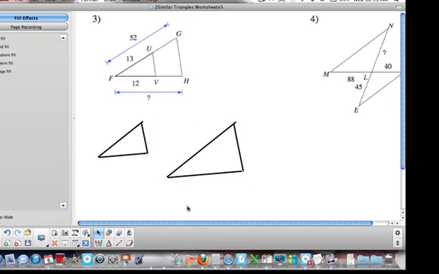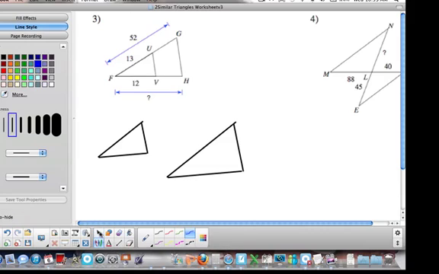All right, so if we sub in here now, the values were given. So if this is our smaller triangle, this is 12, this is 13, this is 52, and this is our unknown. If you draw the two triangles, sometimes that helps you picture the corresponding sides a little bit more easily.